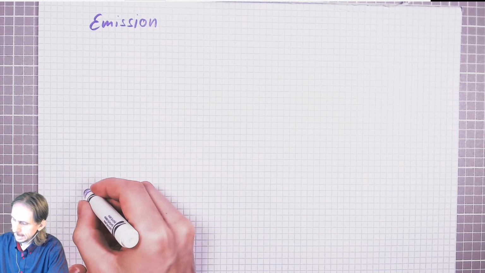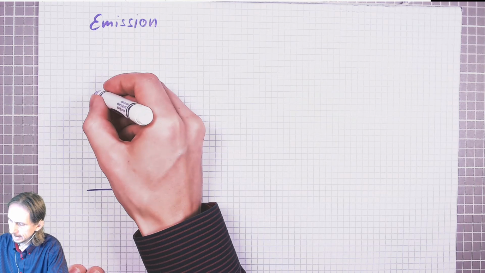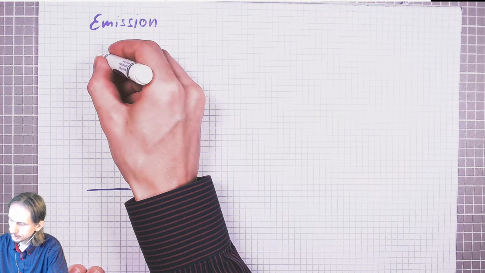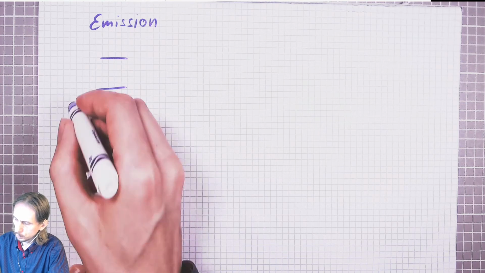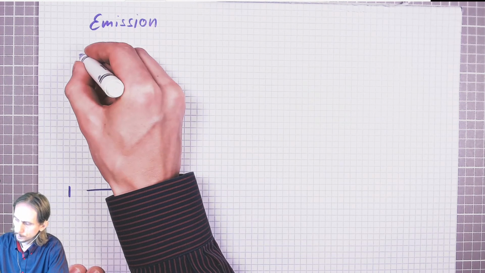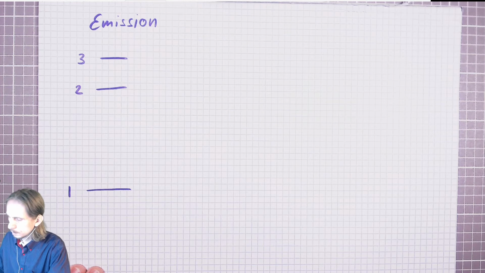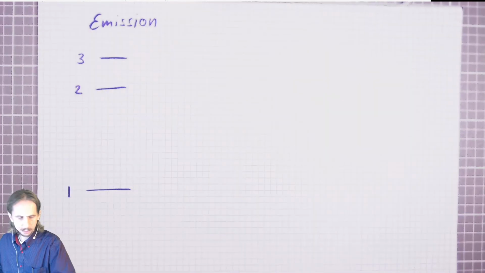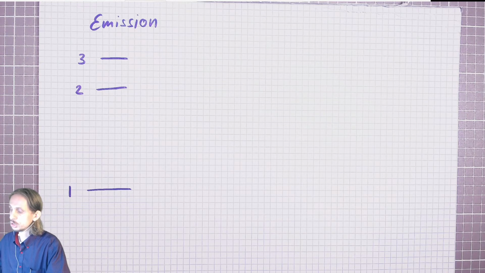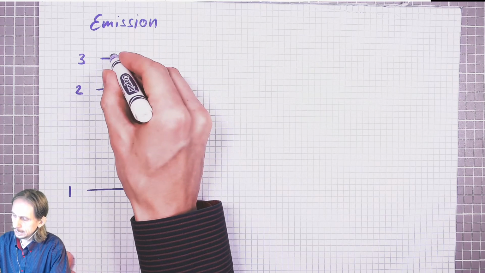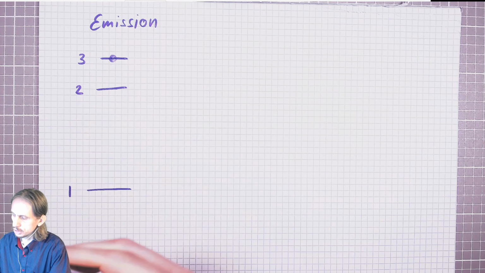Let's assume we have an atom that has three energies that we should label levels 1, 2, and 3. And we assume that initially our atom is in such a state that the electron sits at energy level 3.